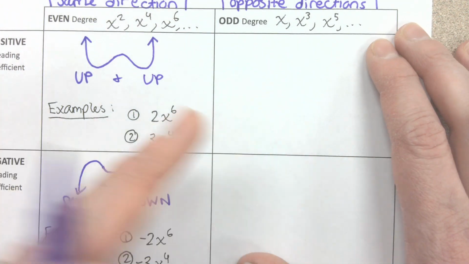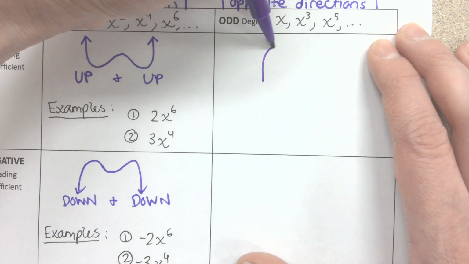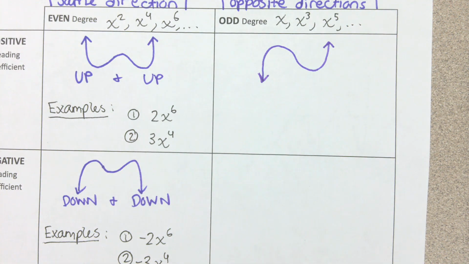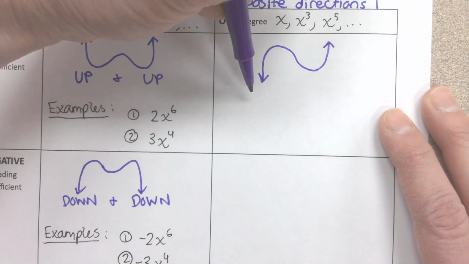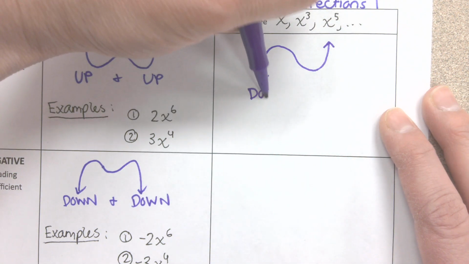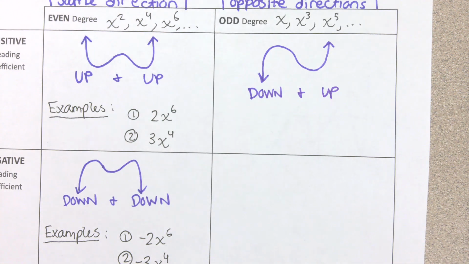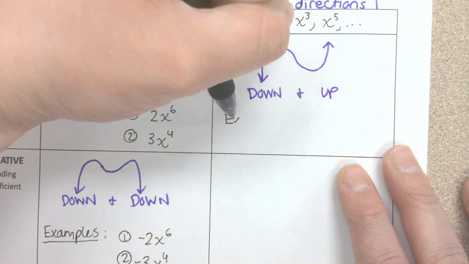For the positive scenario, it'll go down on the left and up on the right. Down and up. Couple examples.